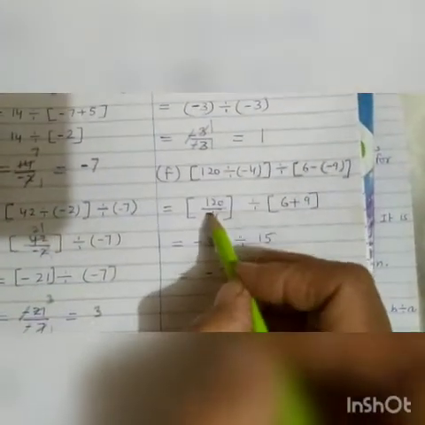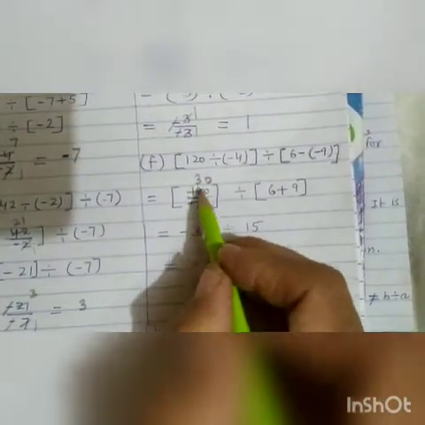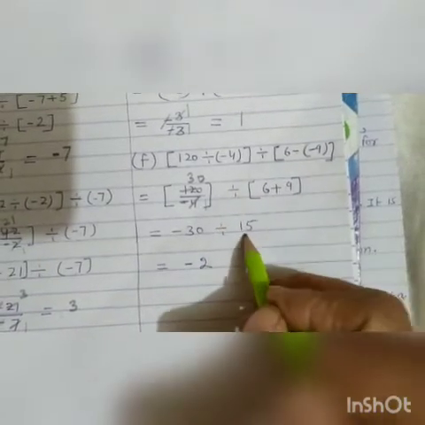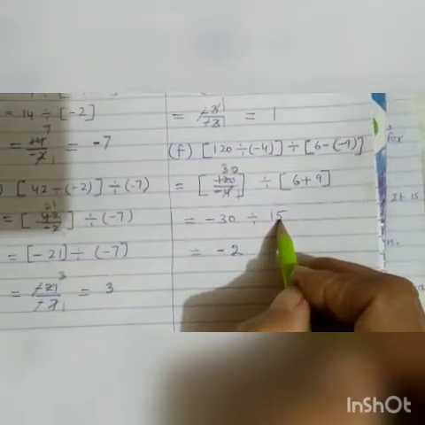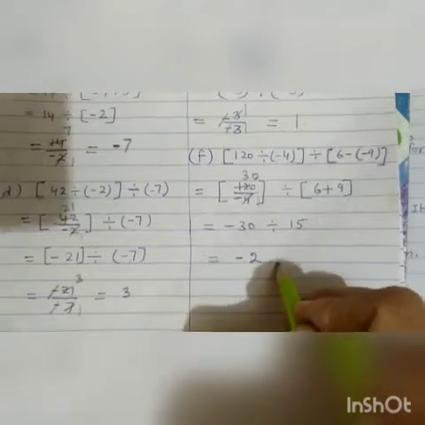So simplify it. 4 1s are 4, 4 3s are 12, 0. Here it is minus, so it will be minus 30. Then divided by 6 plus 9, 15. Now simplify this. 15 1s are 15, 15 2s are 30. So it is minus 2.